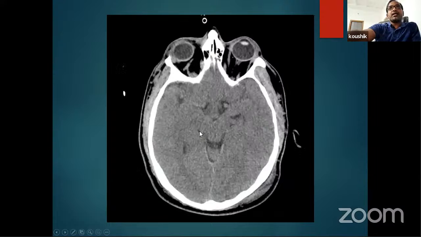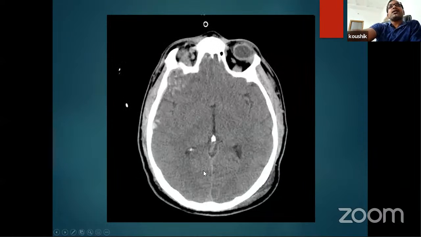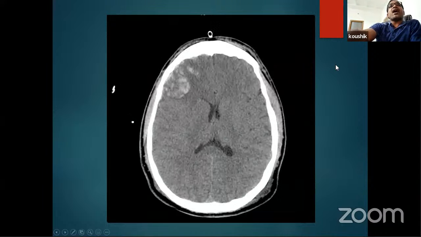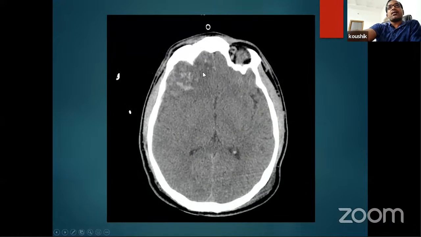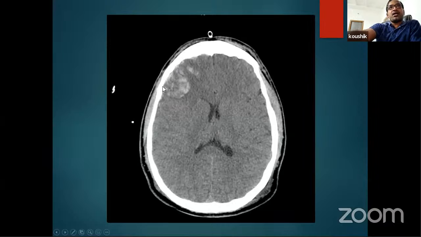What I want to show here is a case of trauma where there is soft tissue swelling in the left parietal region, but the patient is having parenchymal contusions. These are the parenchymal contusions, some amount of subarachnoid hemorrhage, some amount of subdural hemorrhage here.